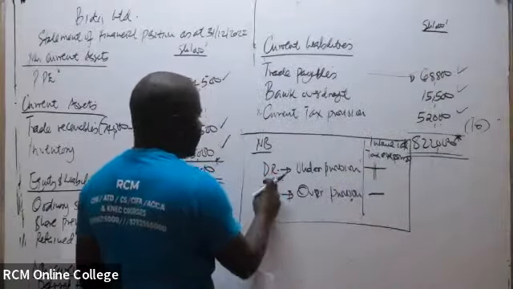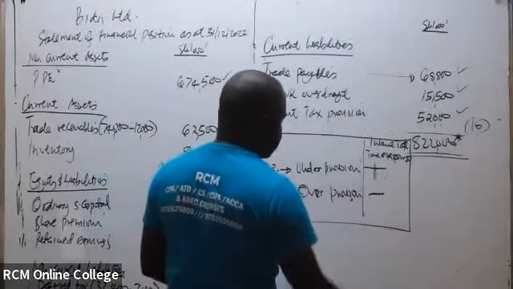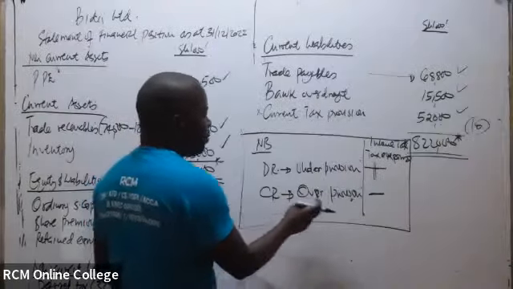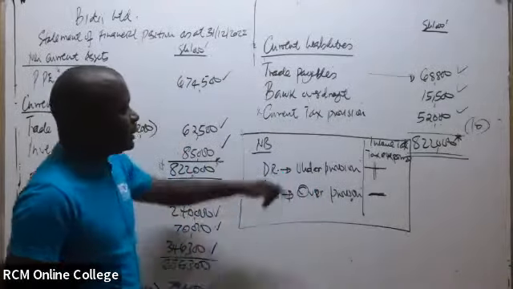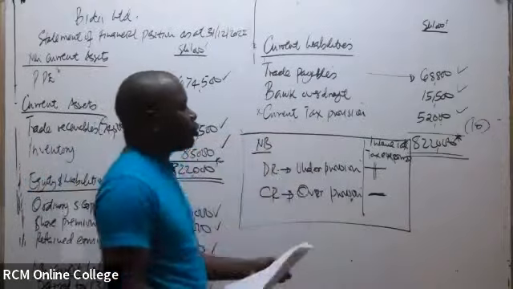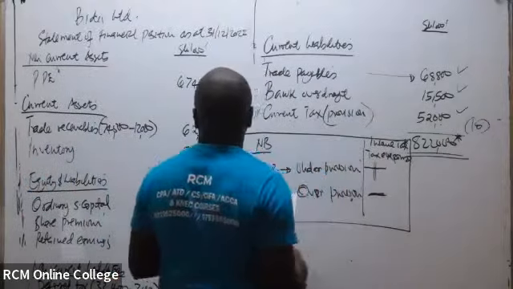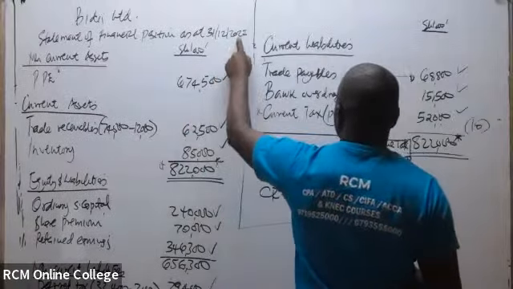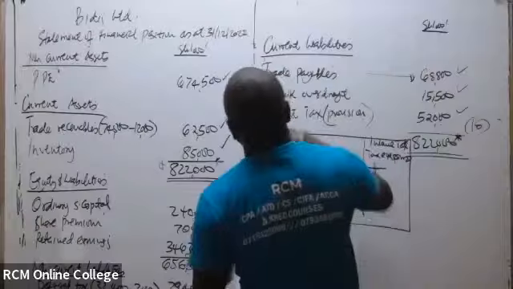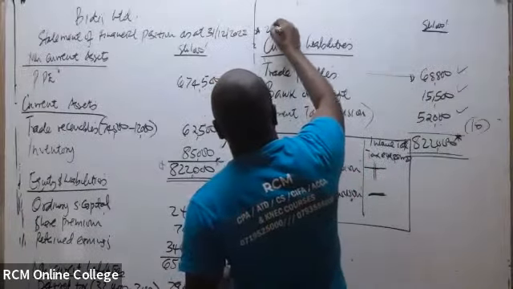So if it's on the debit side, is an under provision, you add. If it's on the credit side, is an over provision. Therefore, in this case, you less. Remember, this particular tax here, they make a provision. Like in this case, this one is 2022. They won't pay it in 2022. They'll end up having to pay it in 2023.